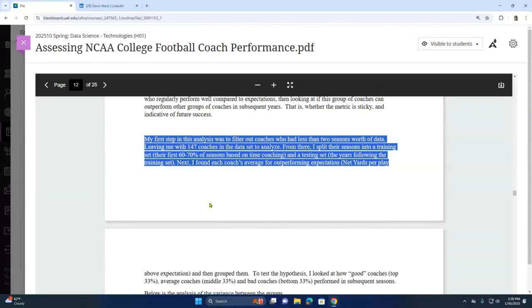So he purposely said, I'm going to focus my analysis on coaches that have been around for a couple years, and he decided to set the mark at 3 or more seasons. He thought, well, coaches who are in their first season are still building the team. So he wanted to pick coaches that had been there long enough that he felt the predictions would be relatively good.